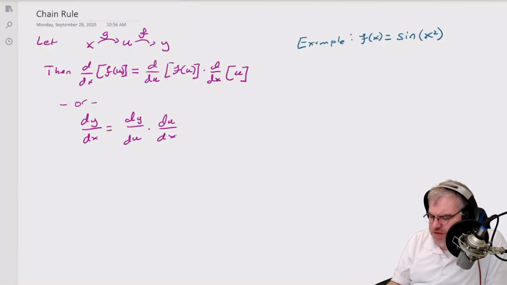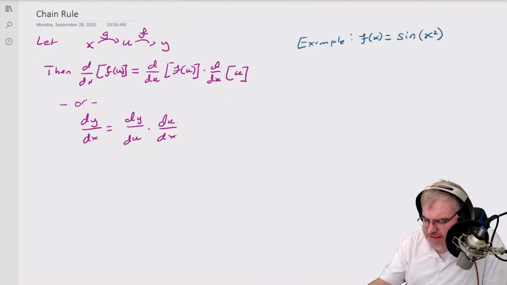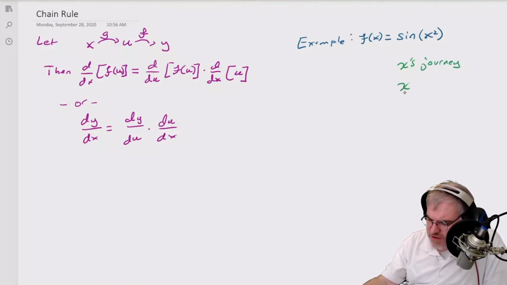Let's invest in x's journey here. This is x's journey. So x comes along, and the first thing that happens to x when I plug it in is I get squared. So x gets squared, and then it gets sined.